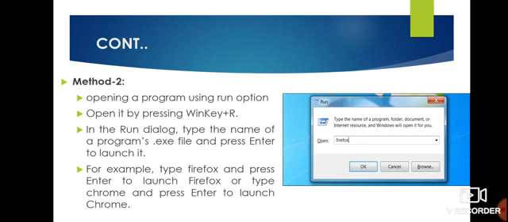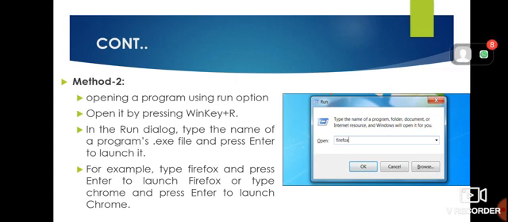Now in that Run command, see here in the picture, the dialog box that opens is Run. The same dialog box you can see in your computer by pressing Windows R. In Open there is one text box. In that text box you have to type whichever program you want to open. Here for example I have written Firefox.